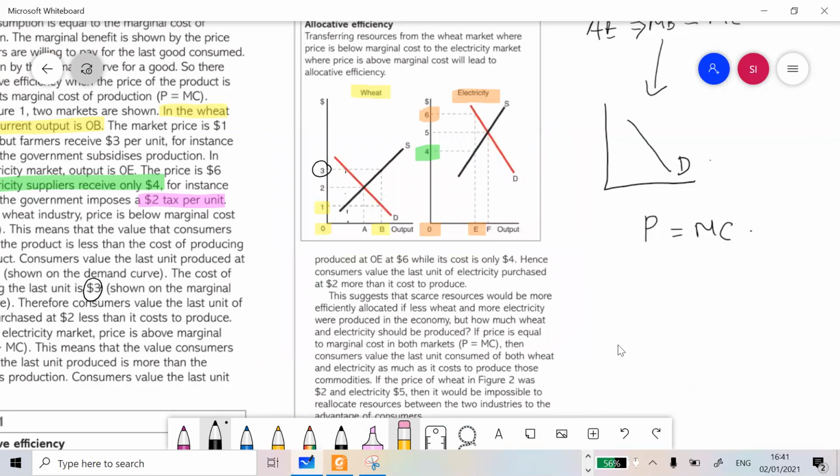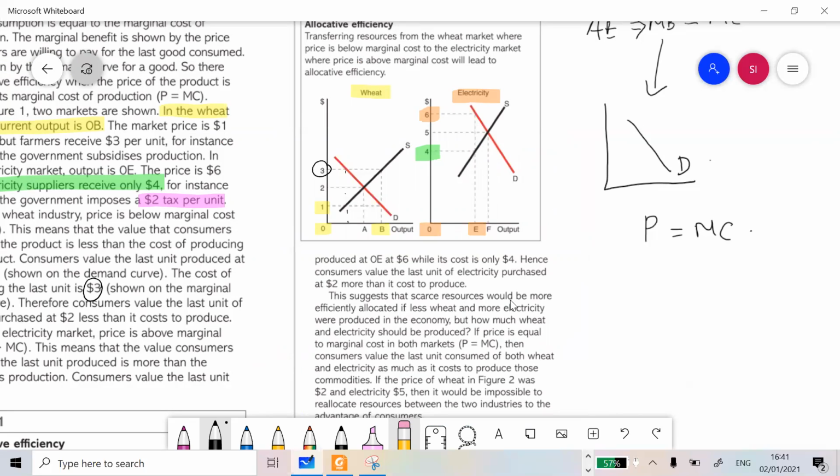Now you can see consumers value the last unit produced at 0E at $6. So they're paying $6, while its cost is only $4. Hence, consumers value the last unit of electricity purchased at $2 more than its cost of production.